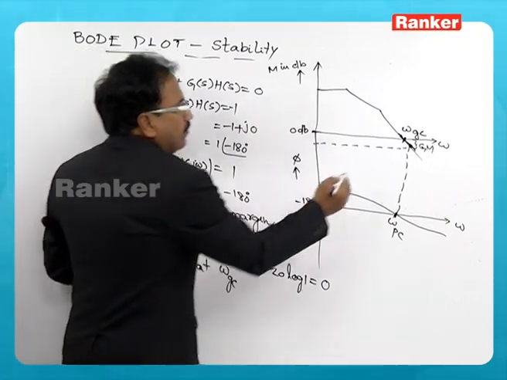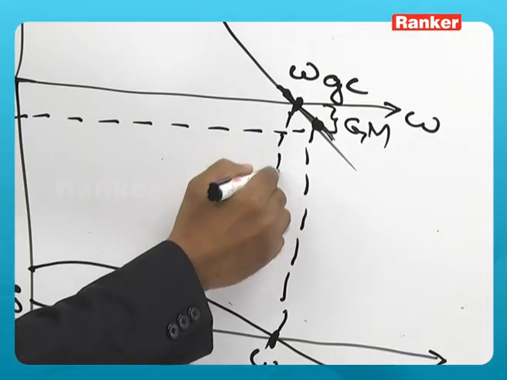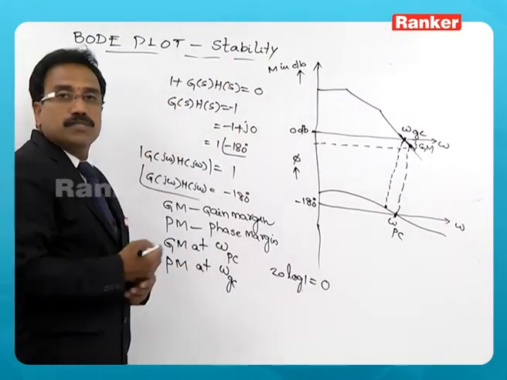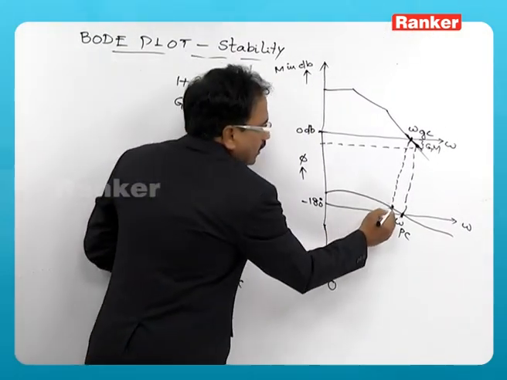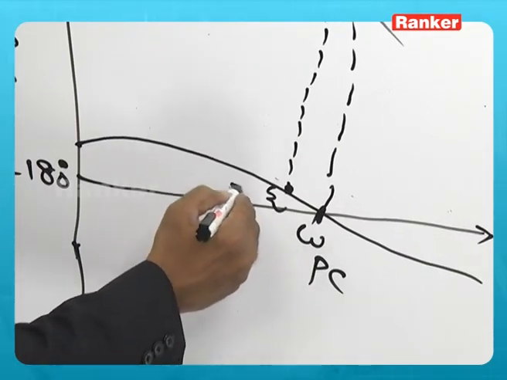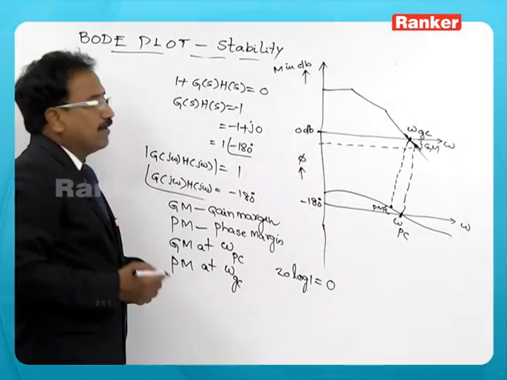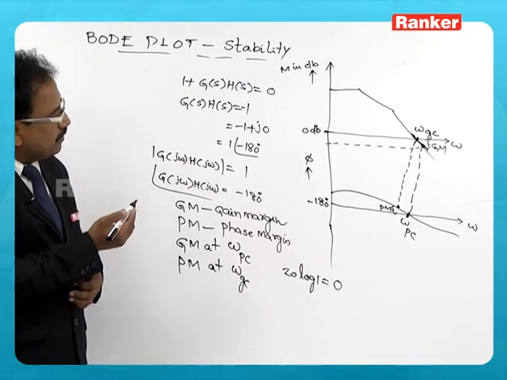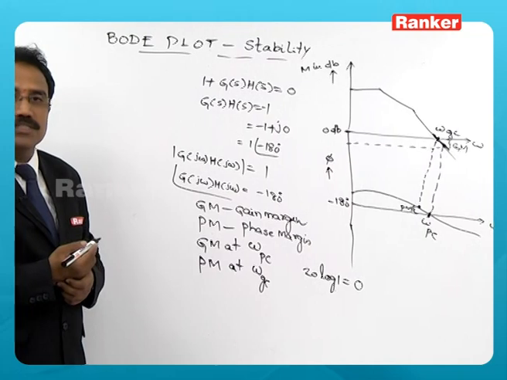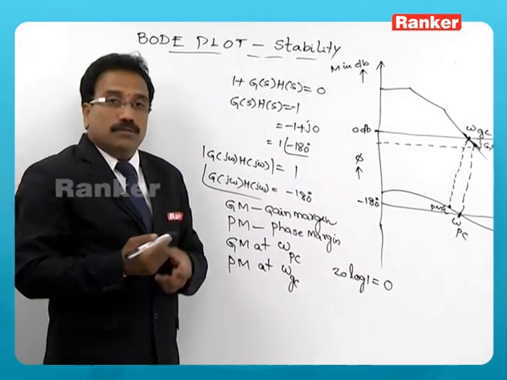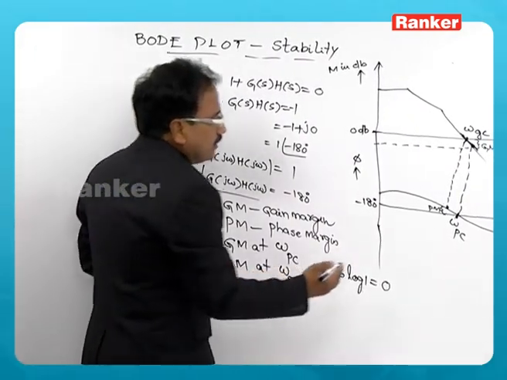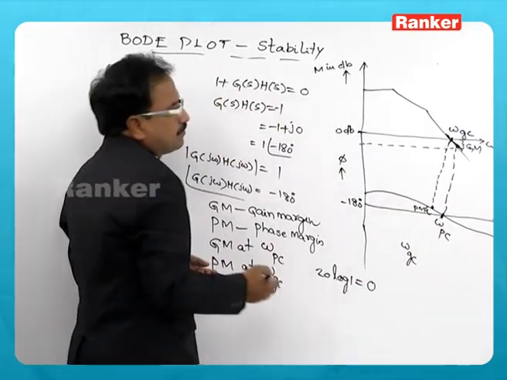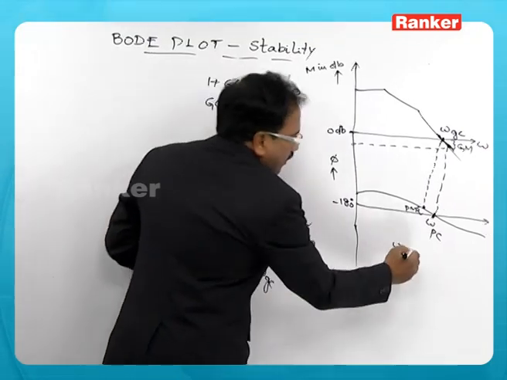Similarly, from the gain crossover point you project a vertical line onto the phase plot, and this will be the phase margin. So, gain margin at the phase crossover frequency and phase margin at the gain crossover frequency. The stability is defined this way, in terms of omega Gc and omega Pc.